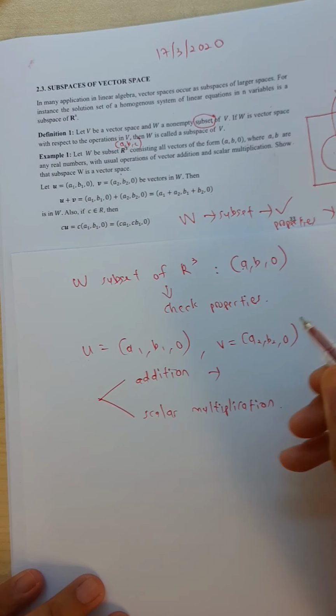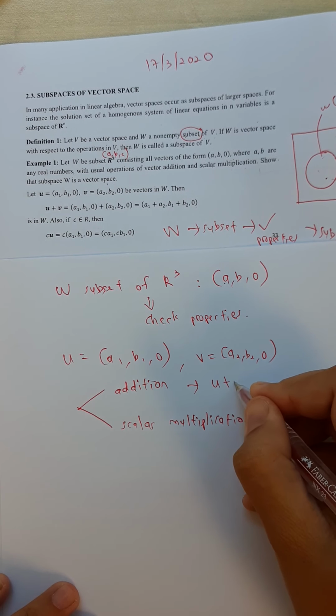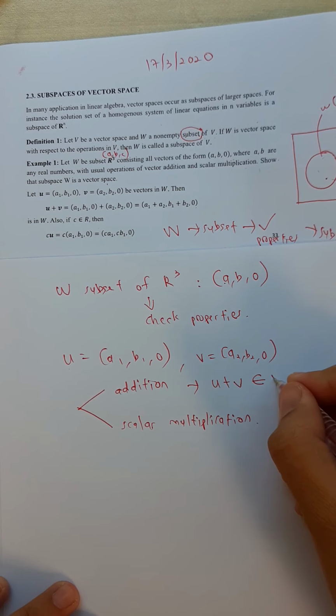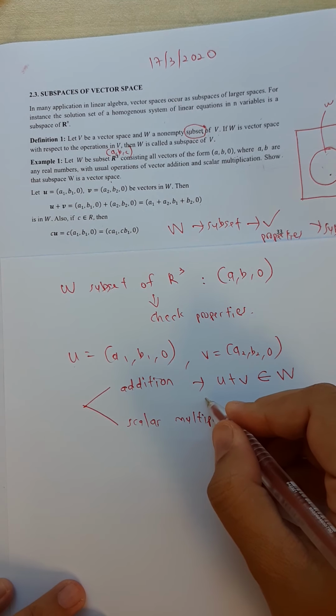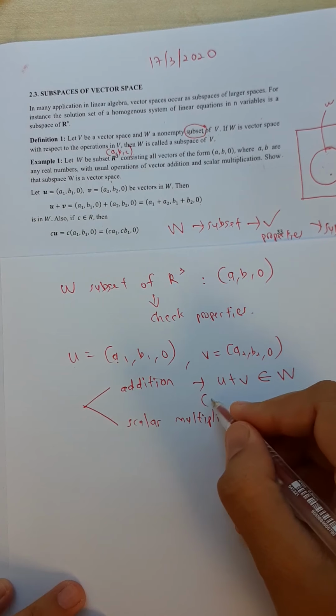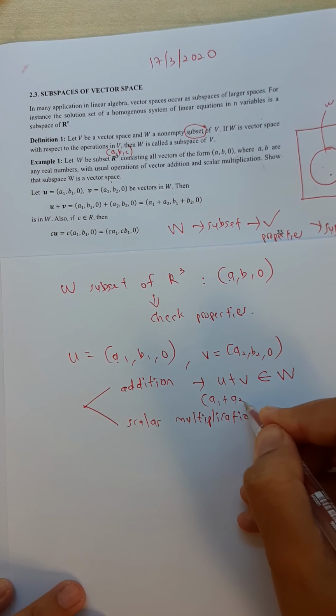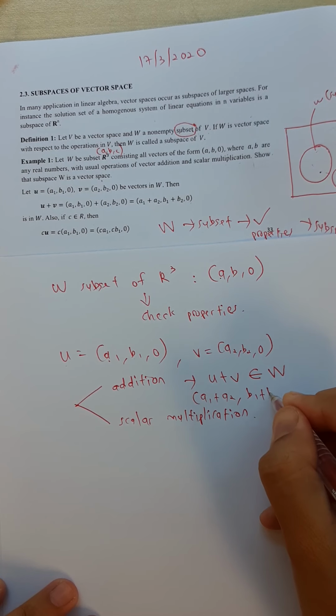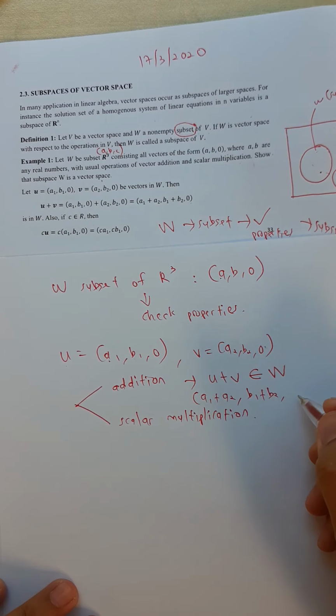Okay, so for addition, it's easy. You just have to check if U plus V is also inside W. If you check, you will get A1 plus A2, comma, B1 plus B2, comma, 0 plus 0 is back to 0.